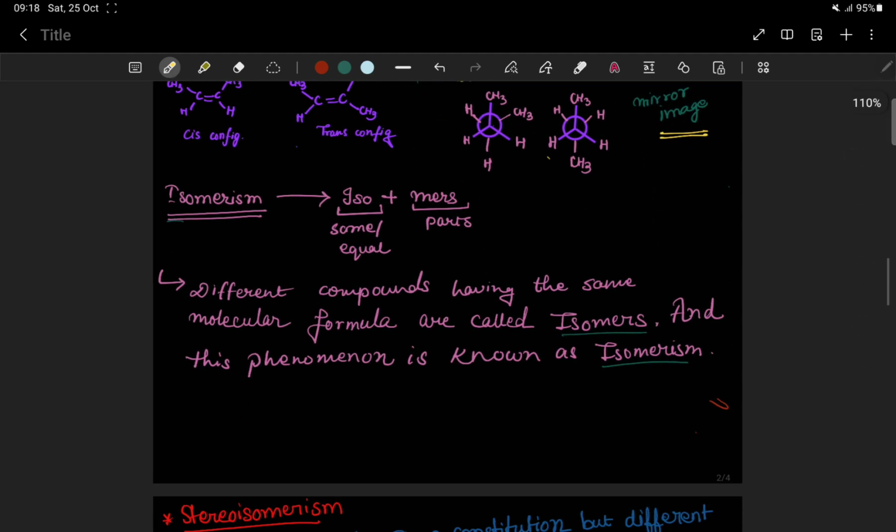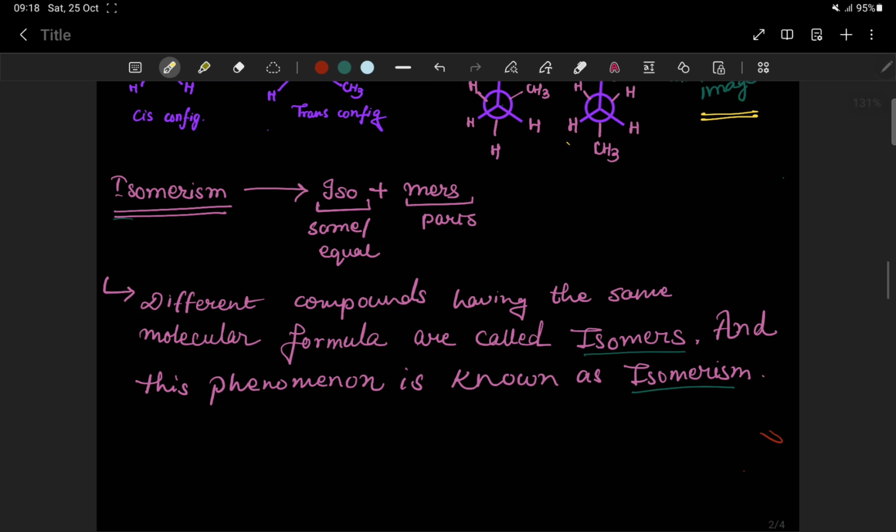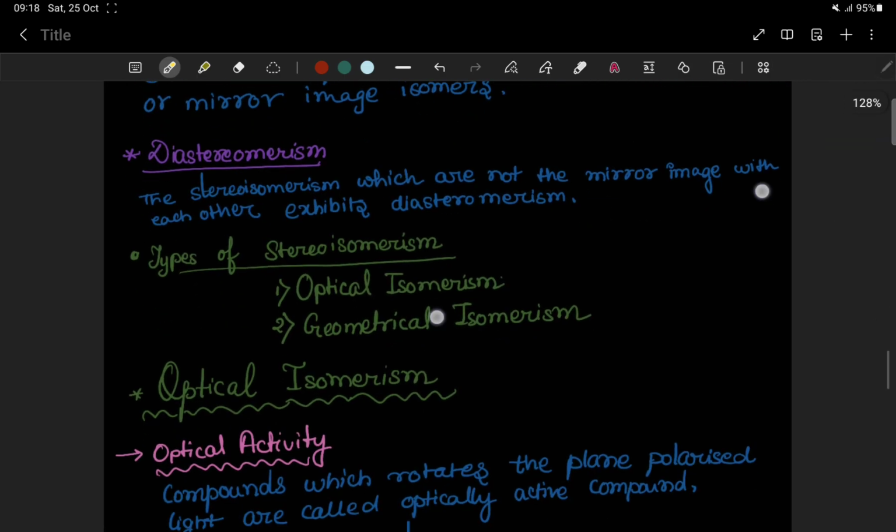So after this we get to know the definition of isomer. Iso means same or equal and mers means parts. Different compounds having the same molecular formula are called isomers, and this phenomenon is known as isomerism. Fine, I hope the description is quite clear.